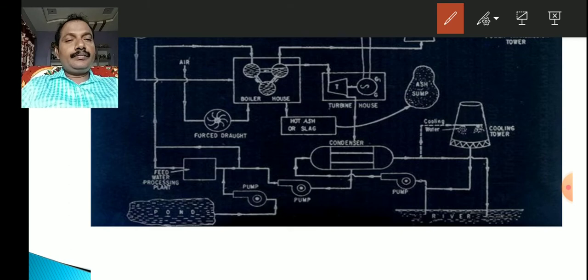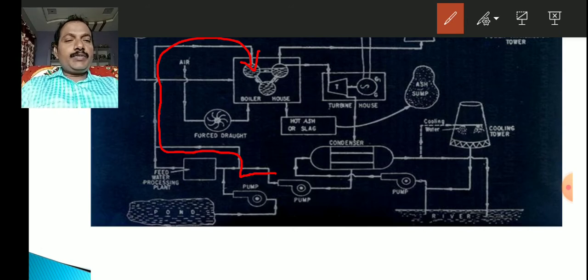Observe here, the water is coming into the boiler like this. This is the boiler. So this pump is pumping the water from the condenser. From the condenser, the water is going into the boiler like this.